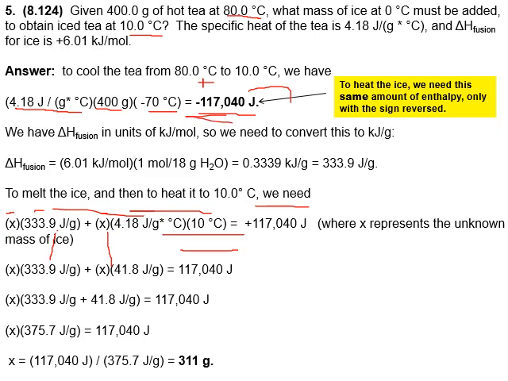We already talked about that before, so we need the same number down here. That's where this number came from. And then just combine your terms on the left-hand side, and you get x times 333.9 plus 41.8, which is 375.7. 375.7 x equals 117,040. Just solve for x, and your x is 311.